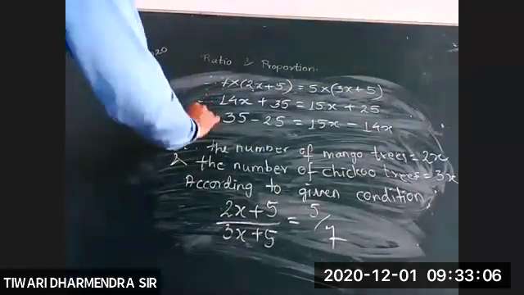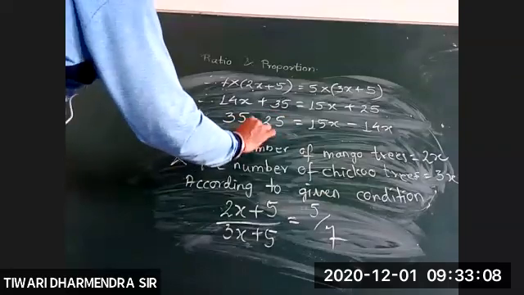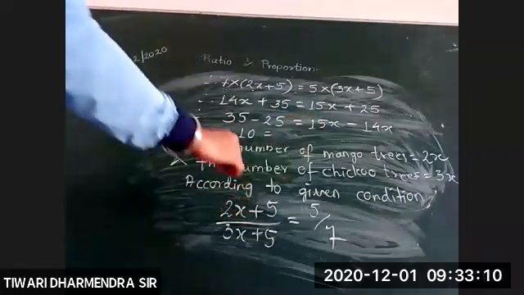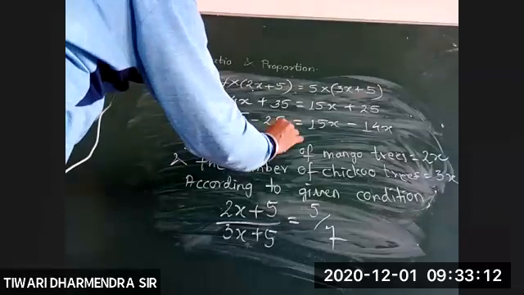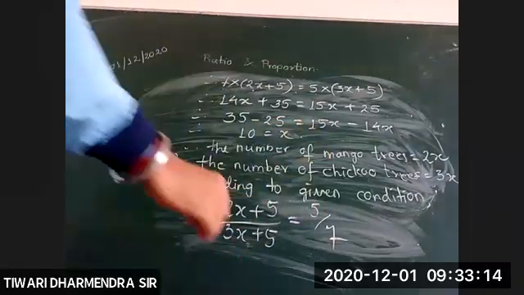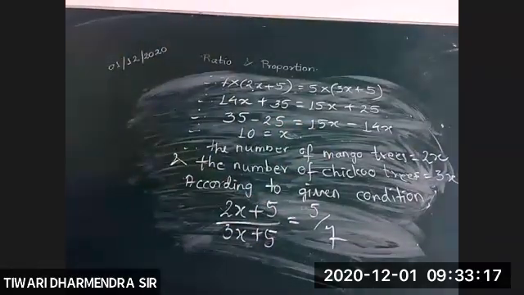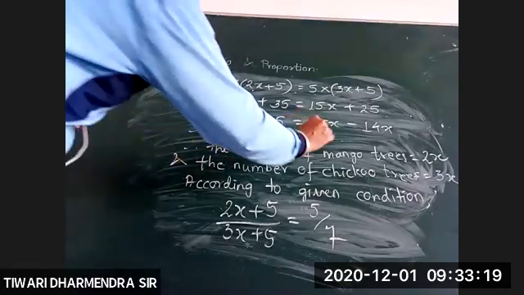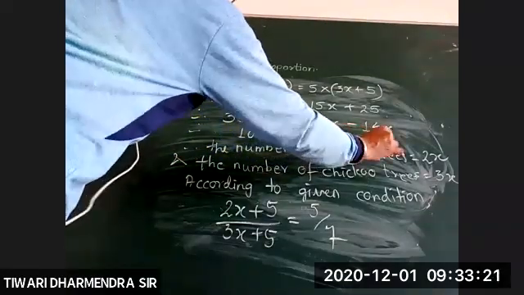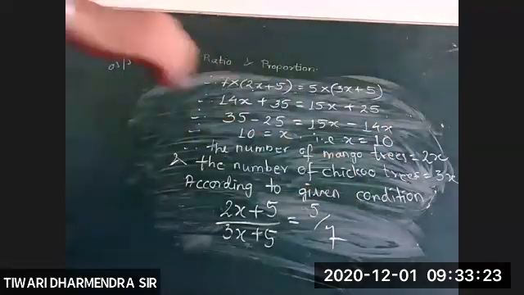So 35 minus 25 is 10 is equal to 15x minus 14x, which is x. So that is the value of x to be 10.